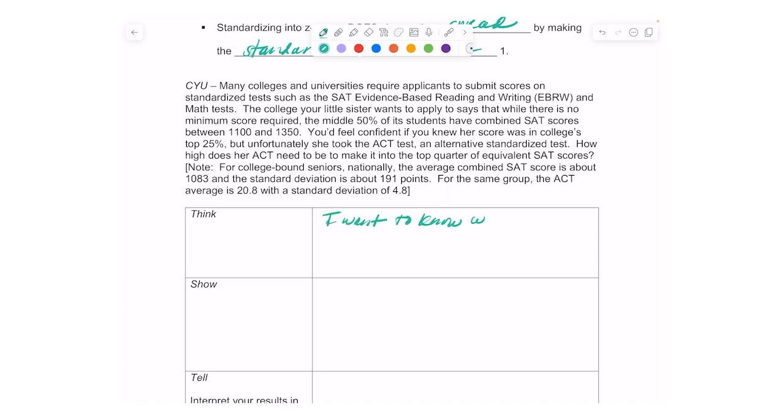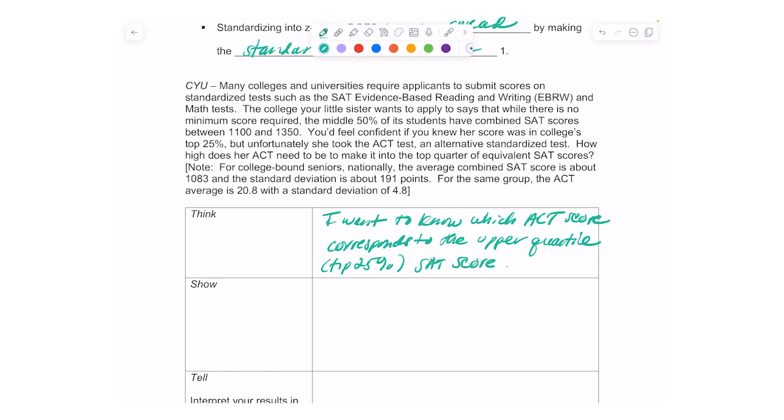which ACT score corresponds to the upper quartile, or top 25%, or 75th percentile is another way to look at that, SAT score. Because remember, your sister took the ACT.